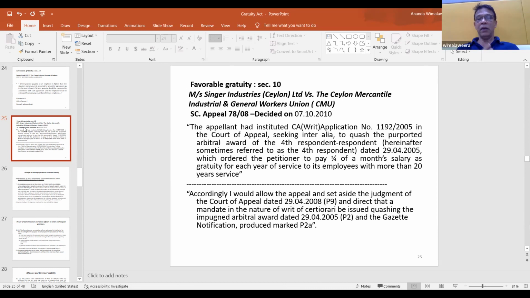Then these people did not accept this and lodged a complaint with the Labor Department, saying that the company had given in writing to the union that it was willing to pay 3/4 or 75% of the last known salary for those who have completed 20 years of service, but when we retire, the company just pays the legal half a month's salary.